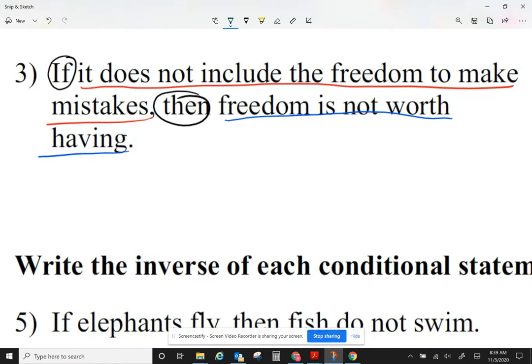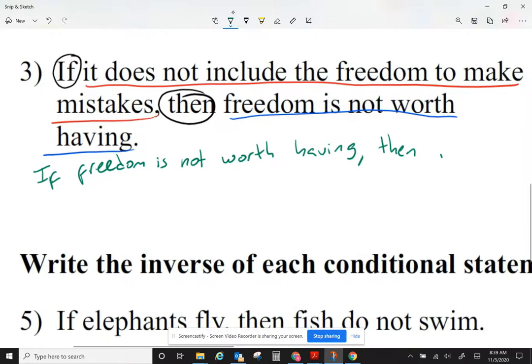The way I will write this will be: If, once again, make sure you start with a capital letter, if freedom is not worth having, make sure you keep it with the same wording, comma, then it does not include the freedom to make mistakes.